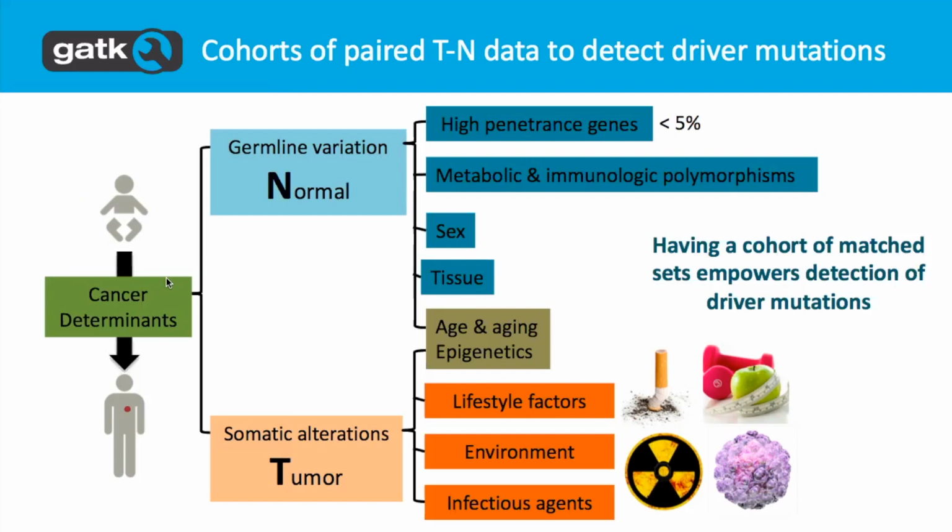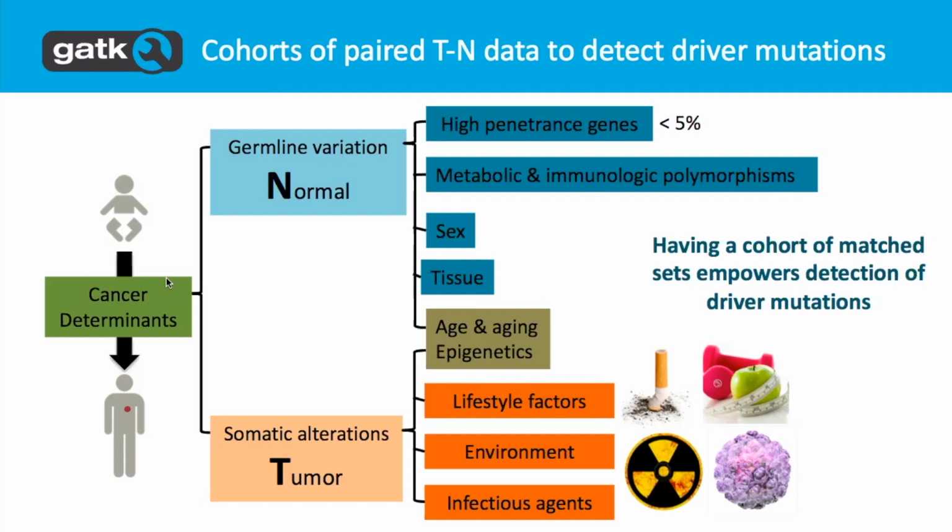There's a lot to look at, but the big differentiation I want to make here is that some of these things are part of our normal germline variation. These are not the things we're looking for here. What we're going to be looking for here are the driver mutations that are happening kind of in real time as we age as an organism.